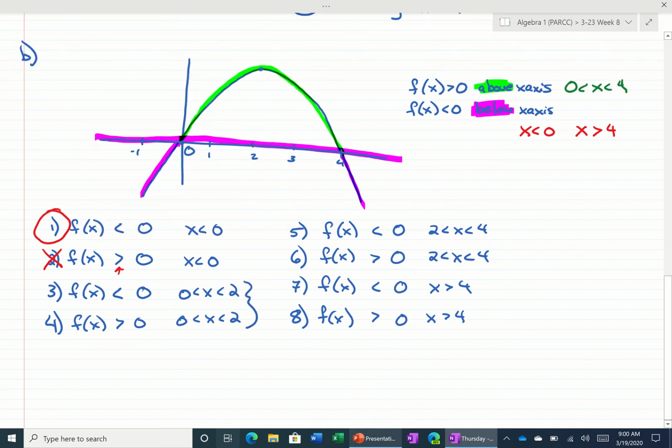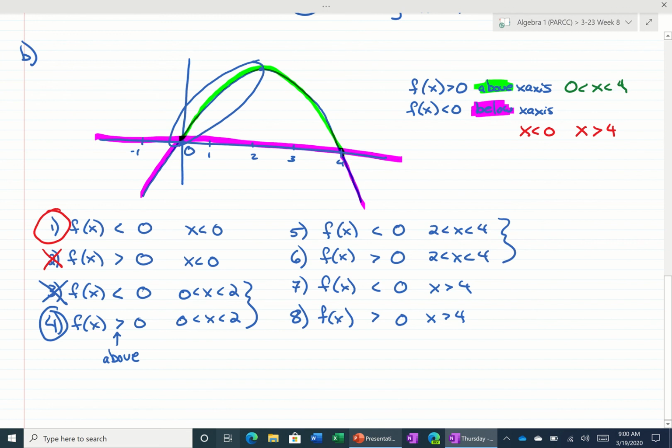Between 0 and 2, that's this section right here. The graph is above the x-axis. Above the x-axis means greater than. That's why this is the answer. It wouldn't be below. It's definitely above the x-axis.